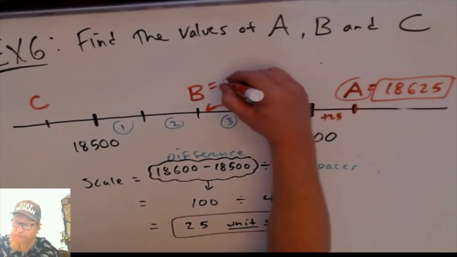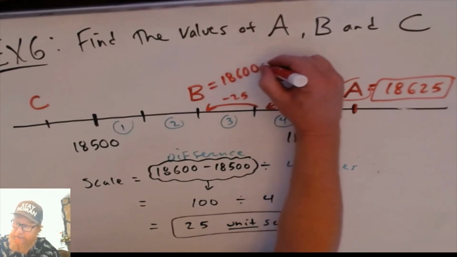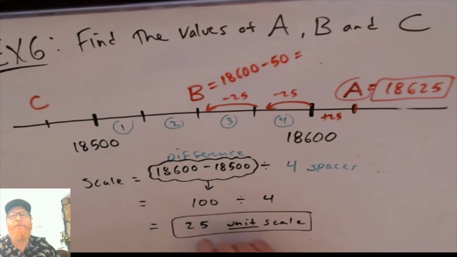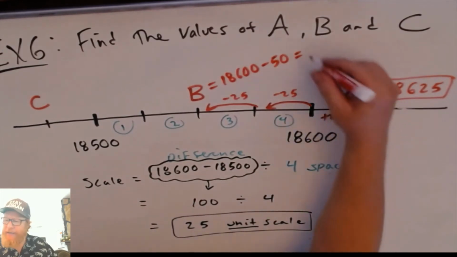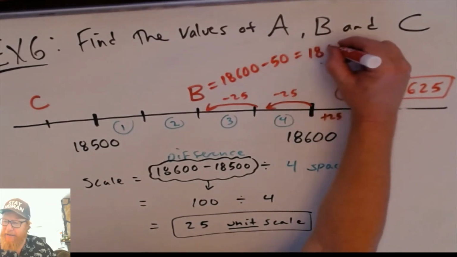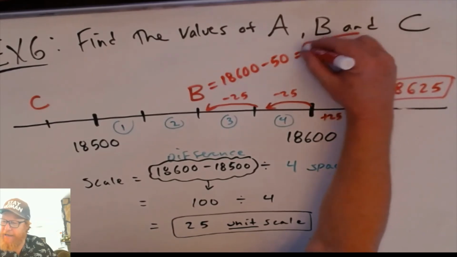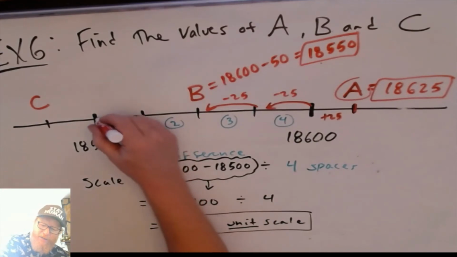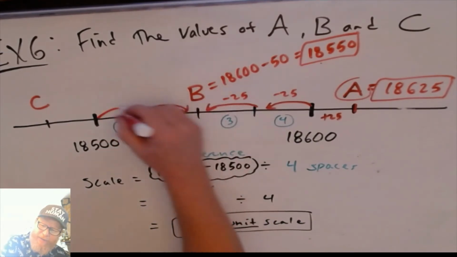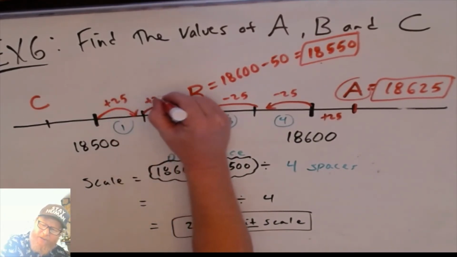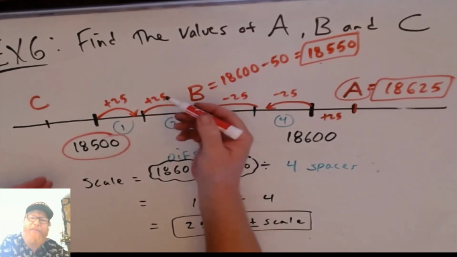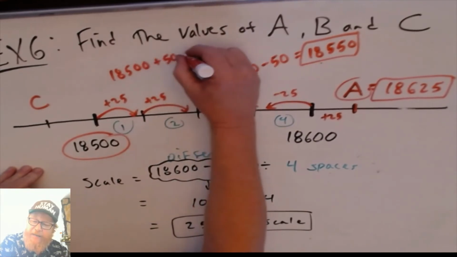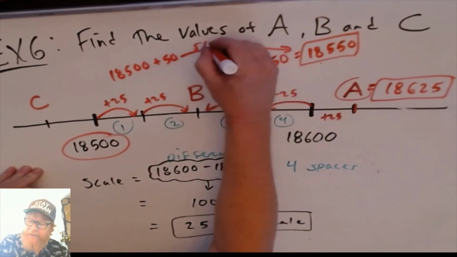So B would be 18,600 minus 50. Yeah, subtracting 25 twice. So that would be 18,550. Or you could have gone this way. Plus 25, starting at 18,500, and you still get 18,500 plus 50, which is the same value.